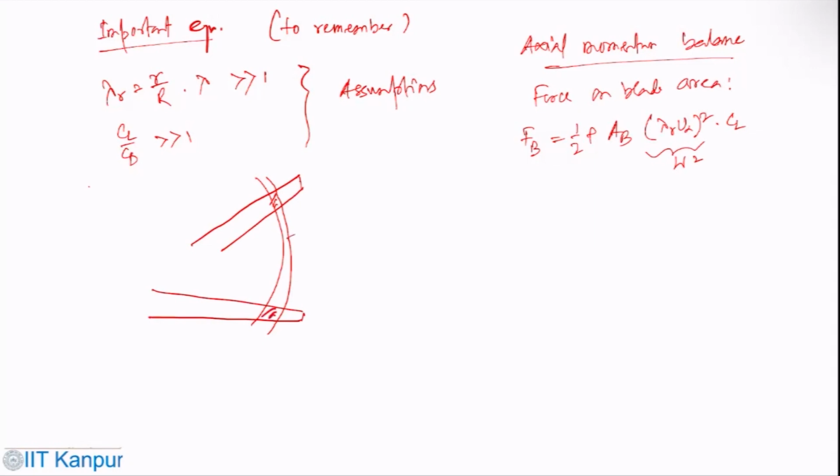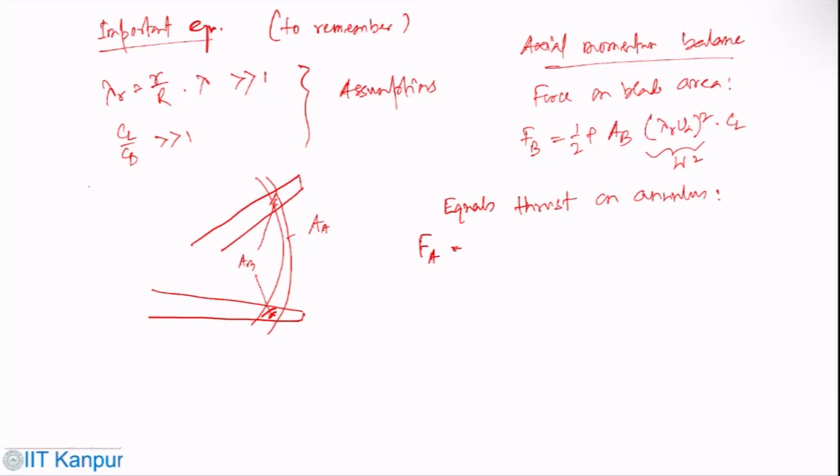So this is A and this is AB. So dT equals thrust on the annulus.